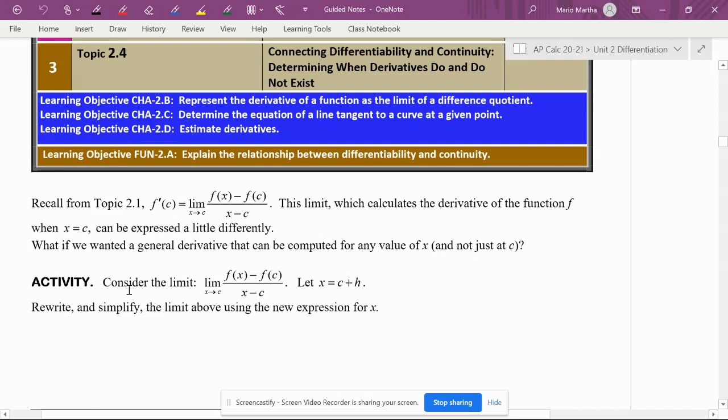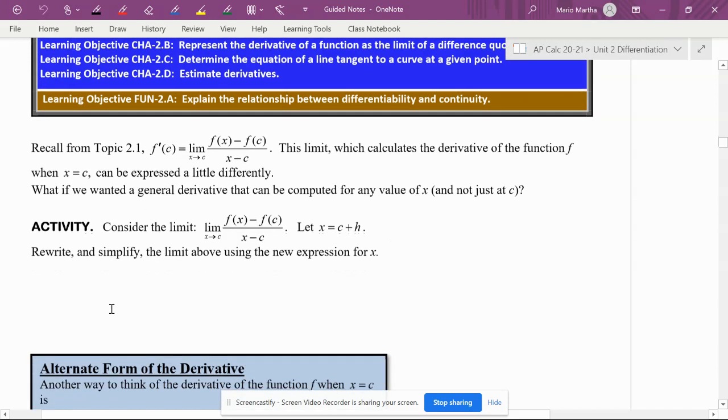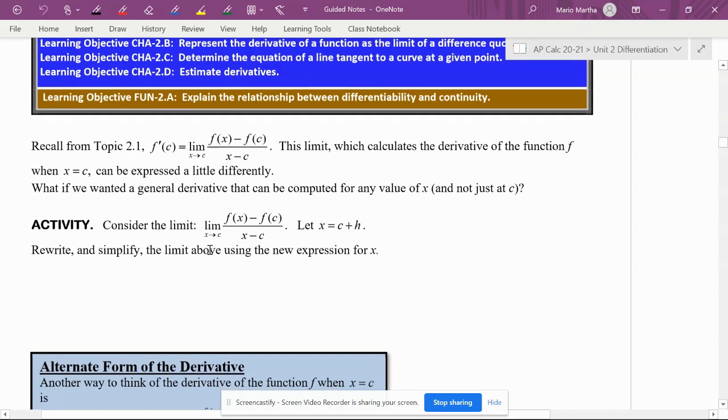So, activity: consider the limit as x approaches c of f of x minus f of c over x minus c. We're going to let x be equal to c plus h. What I want you to do is substitute c plus h for x, and then simplify.